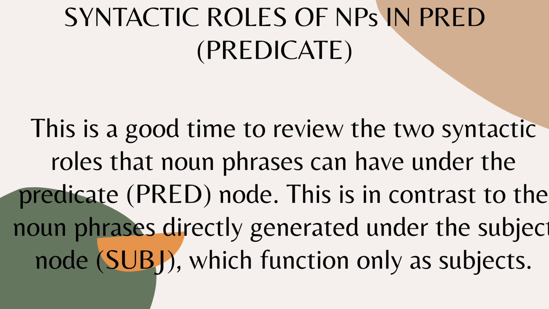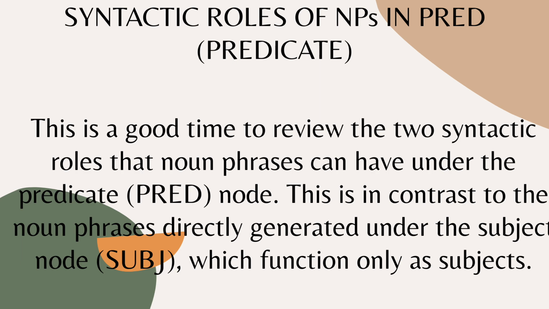This is a good time to review the two syntactic rules that noun phrases can have under the predicate node, in contrast to the noun phrases generated directly under the subject node, which function only as subject. When we say syntactic rules of NPs in predicate, it refers to the grammatical functions of noun phrases within the predicate part of a sentence.